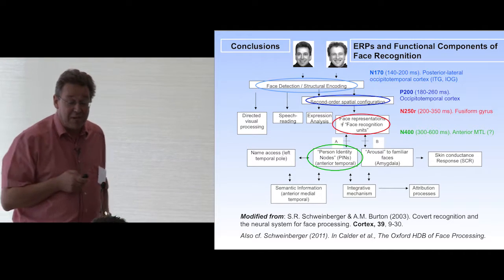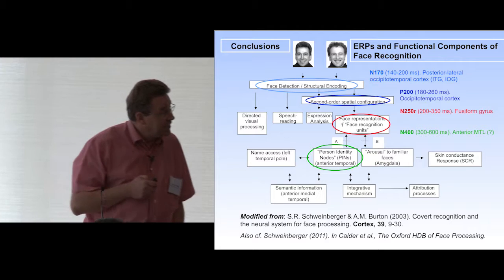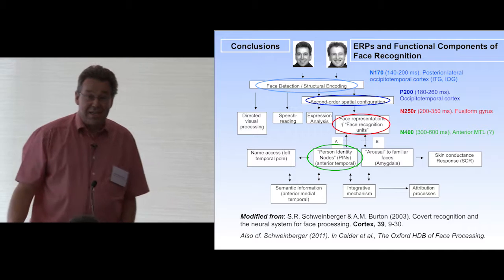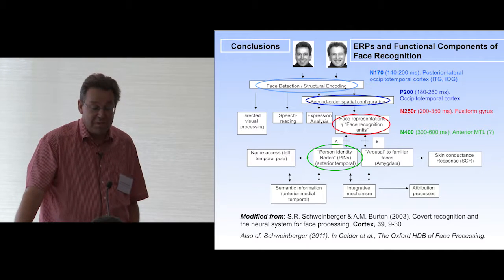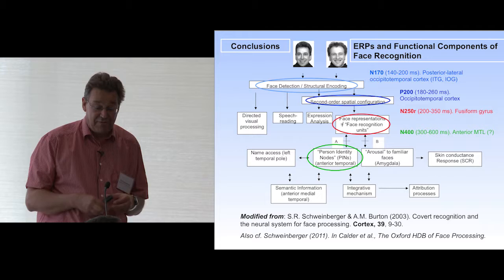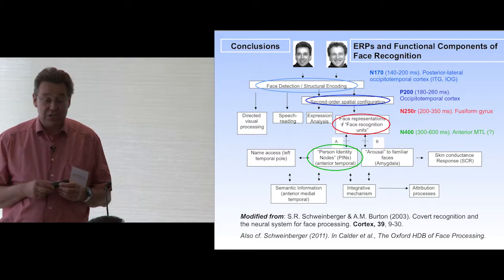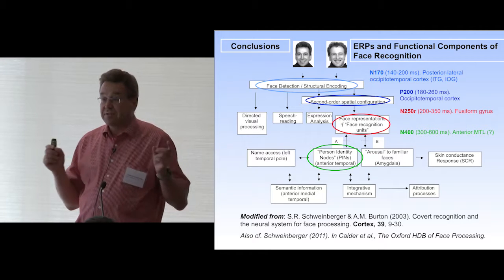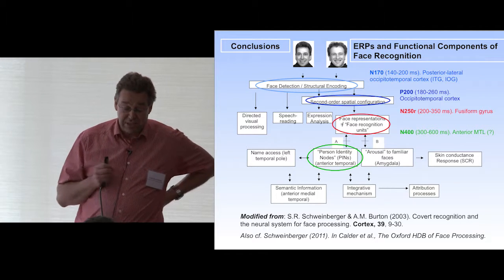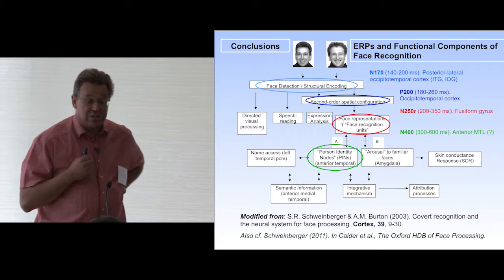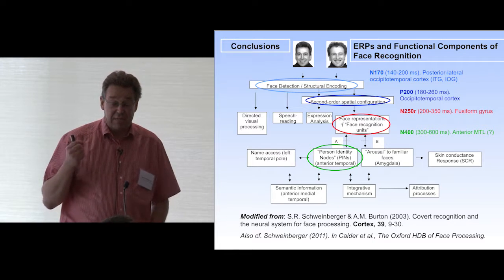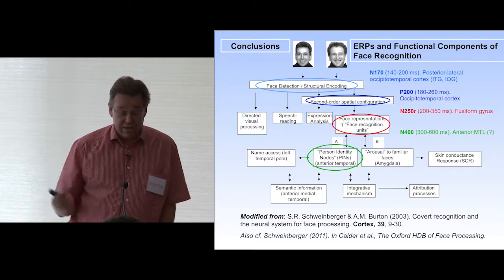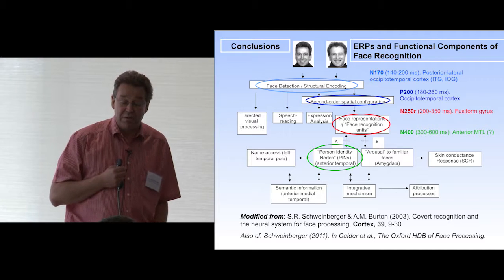And of course, you note that there are quite a few gray areas left in this schedule, and for some of them, intense research is going on as we speak. But for now, I hope that I have convinced you of my one general point, which is that in order to understand the neural implementation of our sophisticated abilities in face recognition and face perception, we cannot just continue to focus on isolated ERP components or on particular time ranges or on particular isolated brain locations for neural responses to faces.